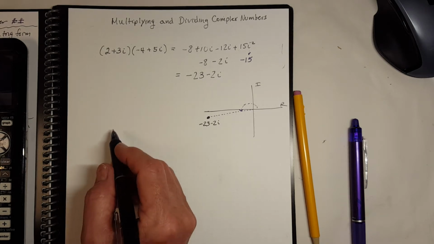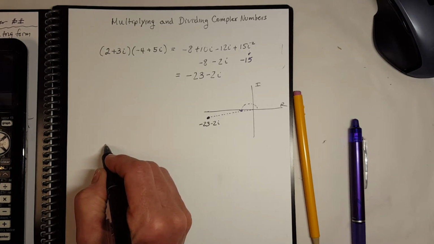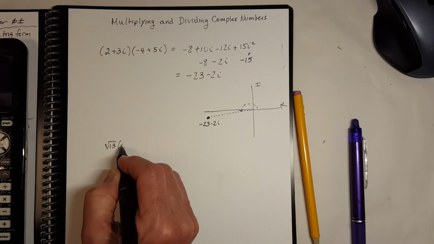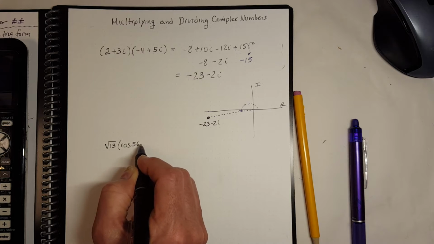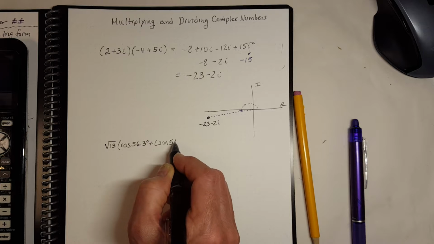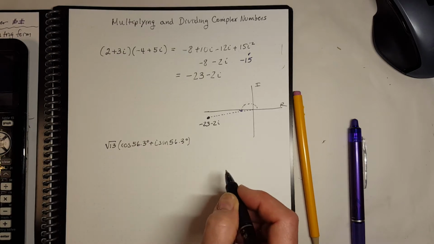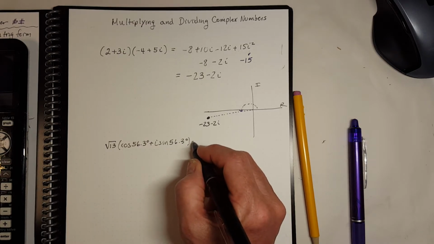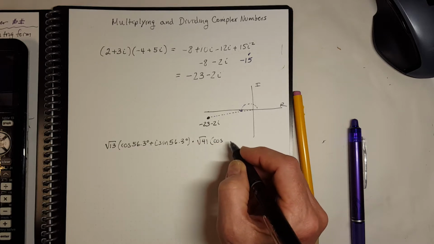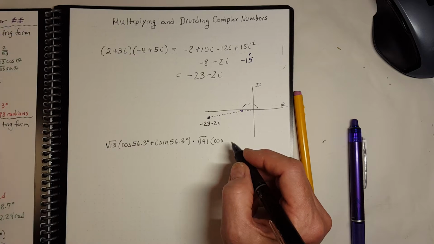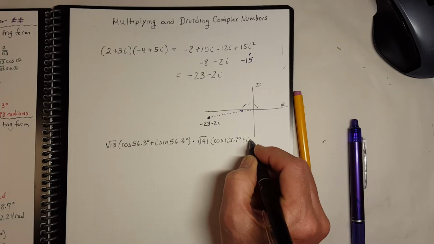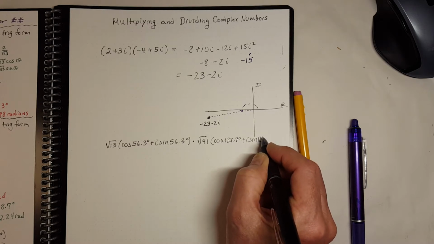And if we remember from our notes from the last lesson, we had 2 plus 3i was the same as the square root of 13 times the cosine of 56.3 degrees plus i sine of 56.3 degrees. And then we're going to multiply that by the square root of 41 times the cosine of 128.7 degrees plus i sine 128.7 degrees.